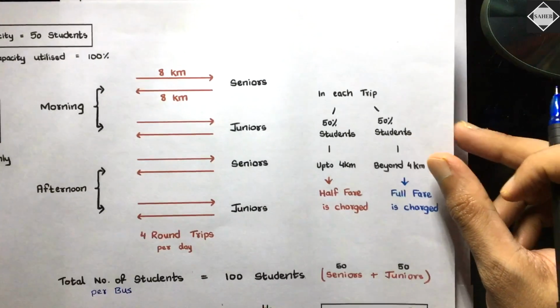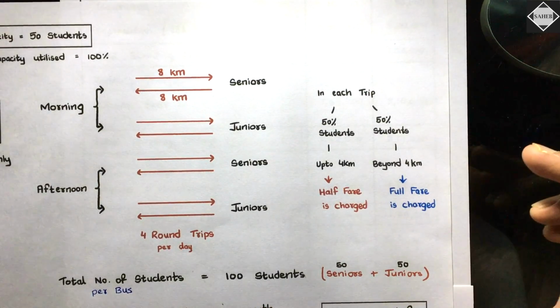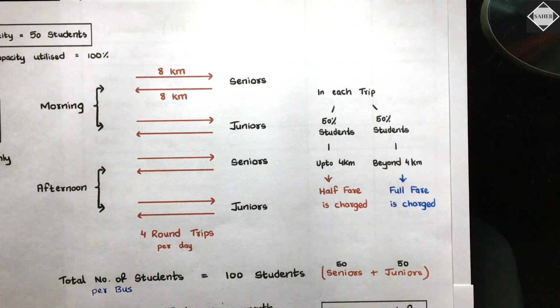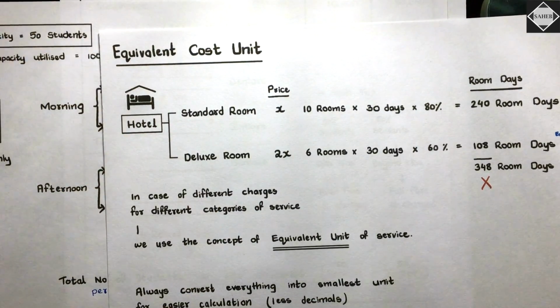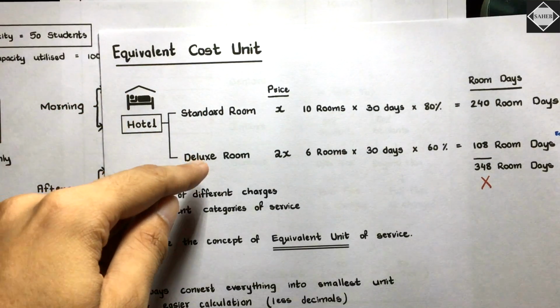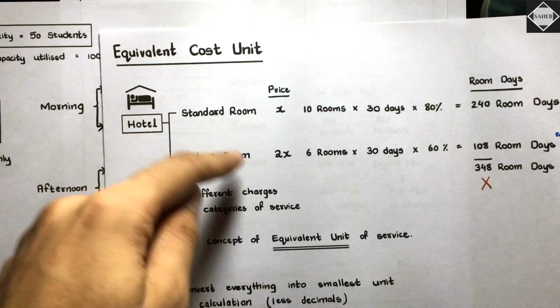Always remember, we do this in hotel questions. I will show you that equivalent cost unit concept. In a hotel there are standard rooms and deluxe rooms, different services we are providing. In the standard room less service is there, in the deluxe room more service.